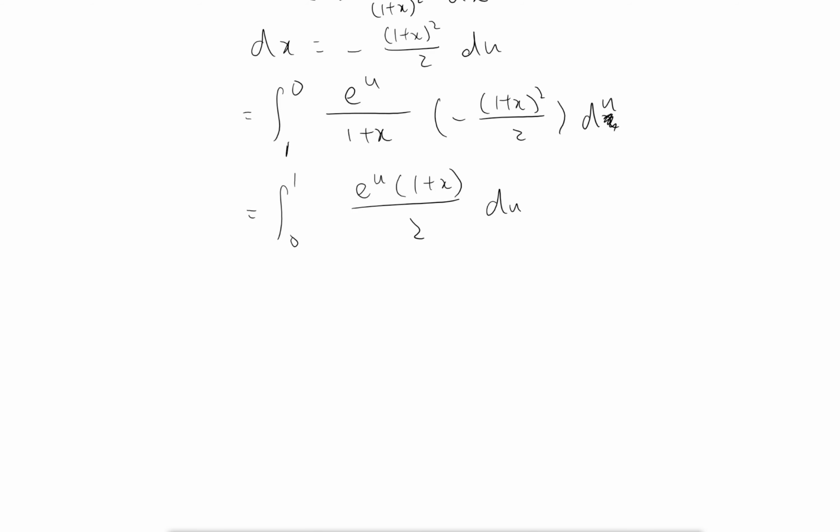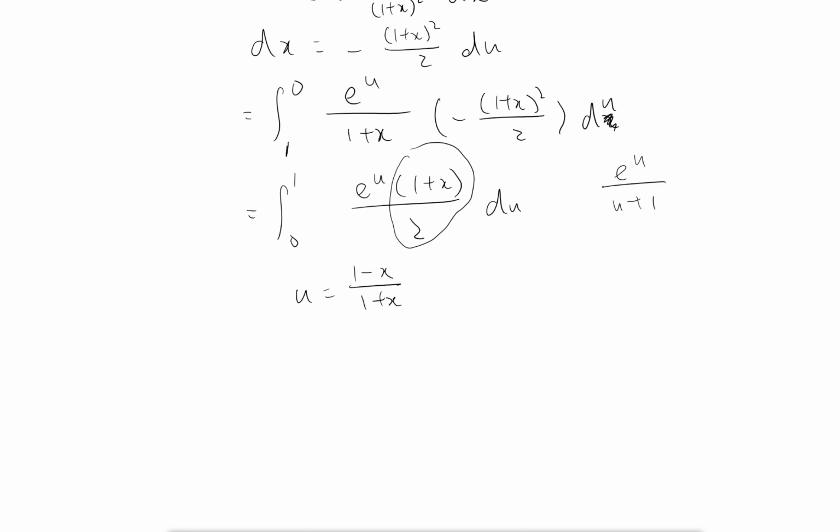Fine, so now we have an integral, but we still have an x involved there. So we might have to think about this a bit. The substitution we made was that. Now I've got (1 plus x) over 2, which is concerning, because what I would much prefer is e to the u over u plus 1.